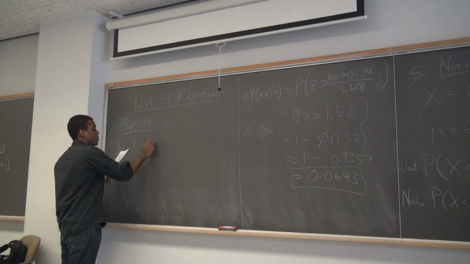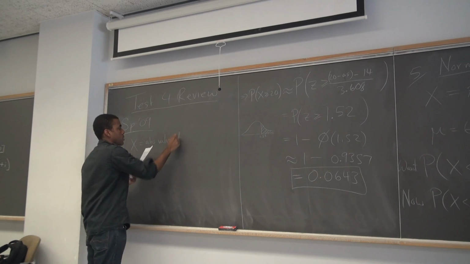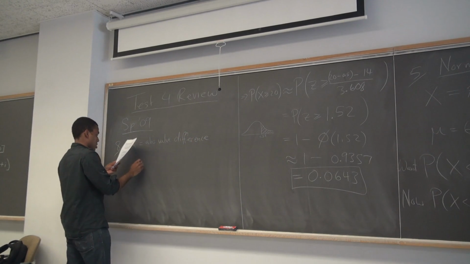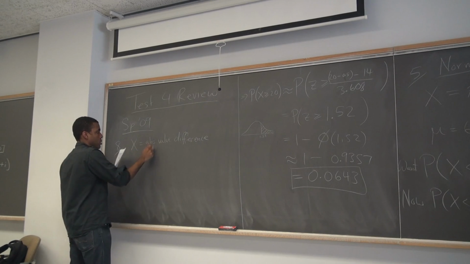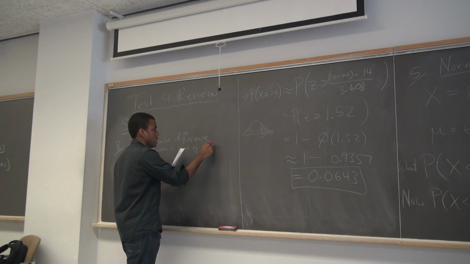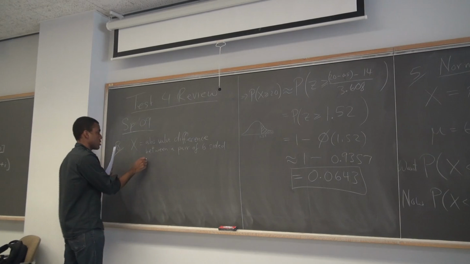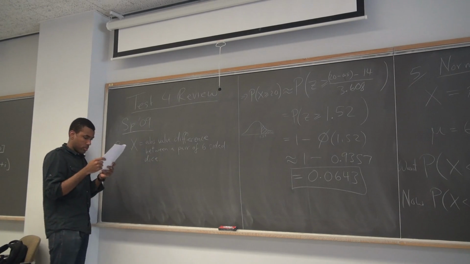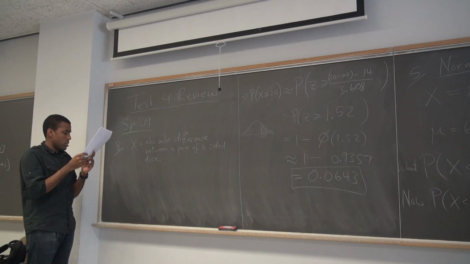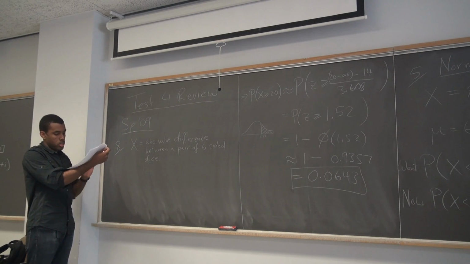X equals the absolute value difference, meaning the positive difference, between a pair of 6-sided dice. Determine the probability distribution for X, draw a probability histogram, and find the mean.